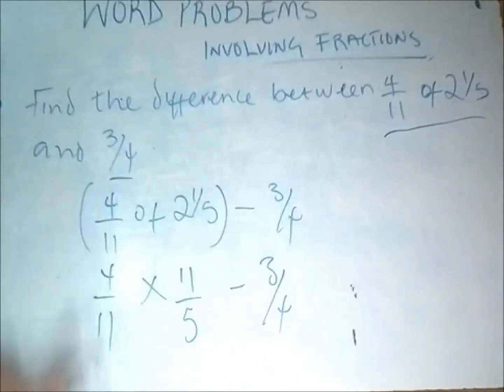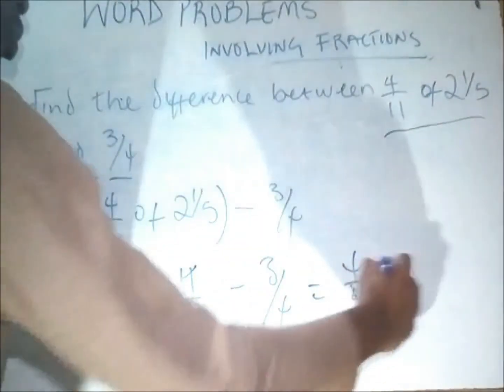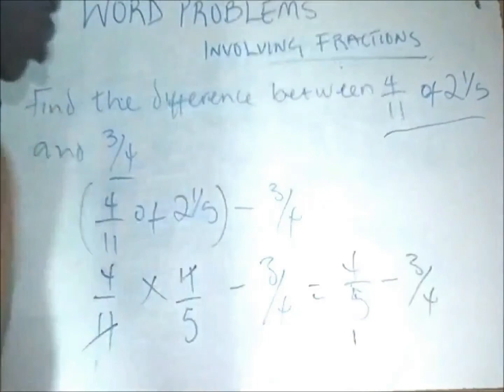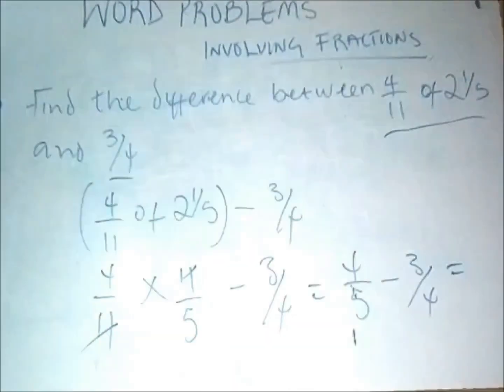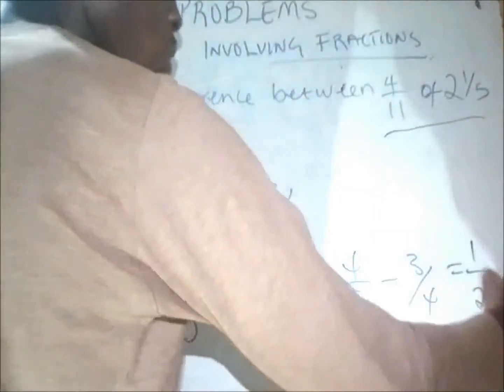Multiplication comes first, so 11 cancels 11. We're left with 4/5 minus 3/4. If you subtract, you end up with 1/20.